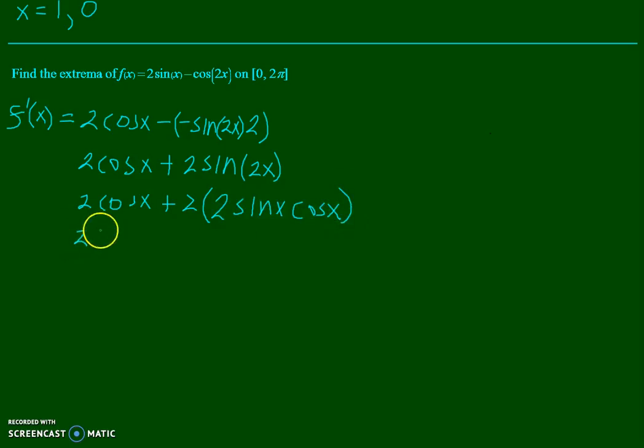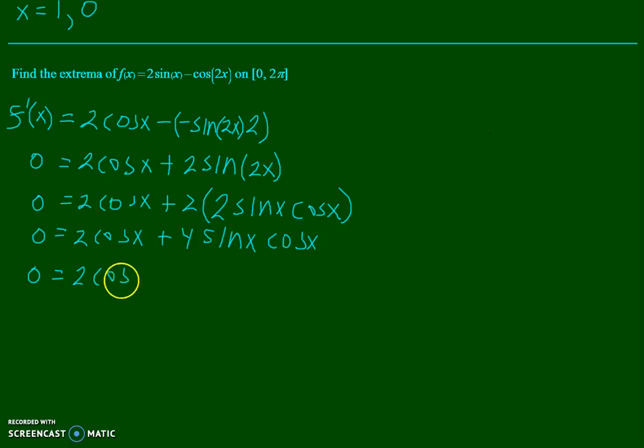So this gives us 2 cos x plus 4 sine x cos x, and this is all equal to 0, by the way. And we're going to factor out a cosine here. Actually, we can factor out a 2 cosine. So 0 equals 2 cos x, which leaves this divided by 2 cosine is 1, plus, and this divided by 2 cosine is 2 sine x.